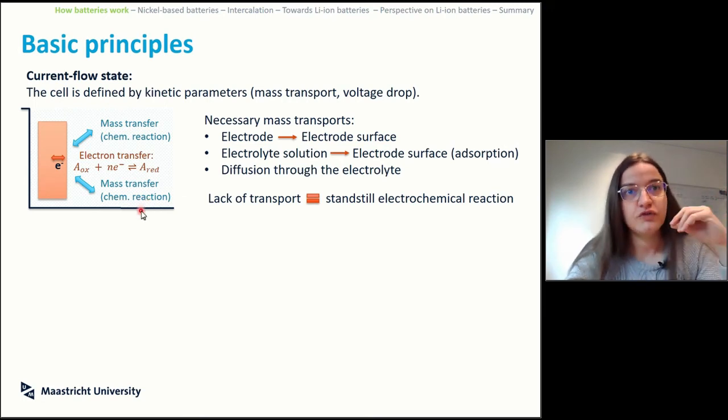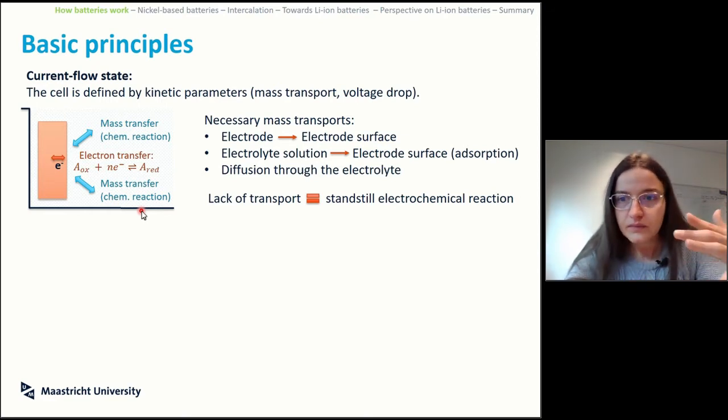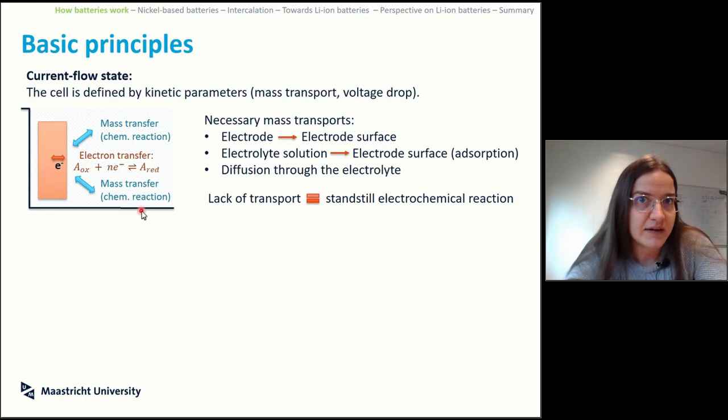So usually, to get the proper current flow that you want, you might have to put an additional energy into this system, which we call an overvoltage. The overvoltage is the deviation from the equilibrium condition, and this is an irreversible point of losing entropy.